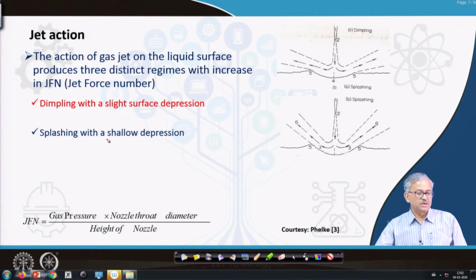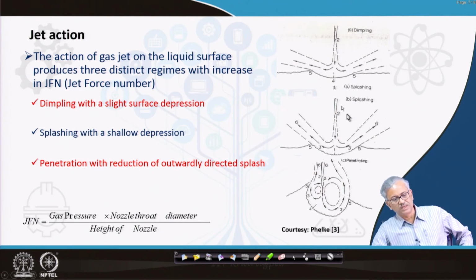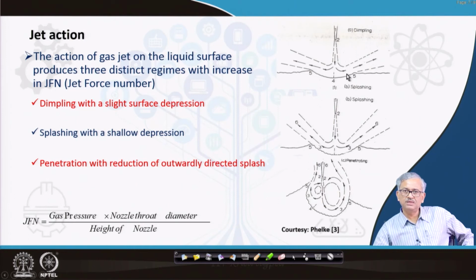And finally, if you further increase the JFN, you get penetration with reduction of outwardly directed splash. Now you can find these 3: dimpling, splashing, and penetration. In dimpling, the surface depression is very small. In splashing, the surface depression is much higher compared to dimpling.